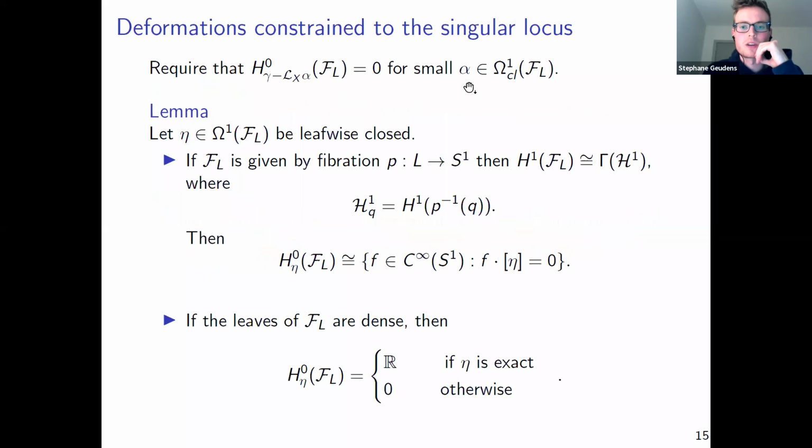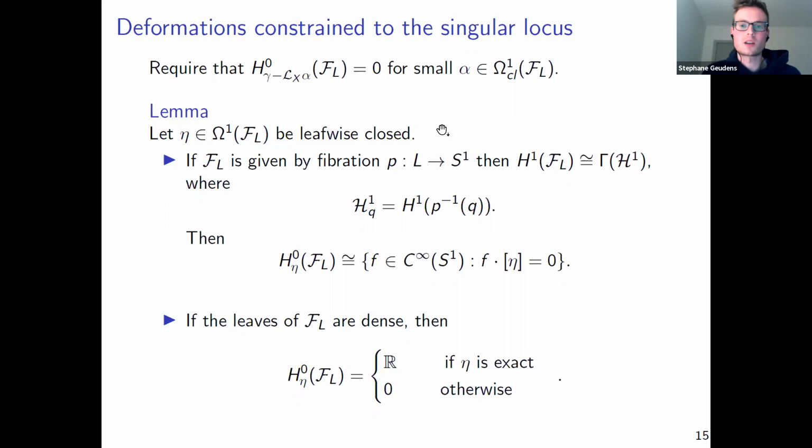So in particular for alpha equal to 0, we should start with gamma such that the section defined by its class is nowhere 0, so that this is actually 0. So we start with gamma nowhere exact on any of the leaves. And we wonder, then, is it true that also gamma minus Lx alpha is not exact on all the leaves for small enough alpha?